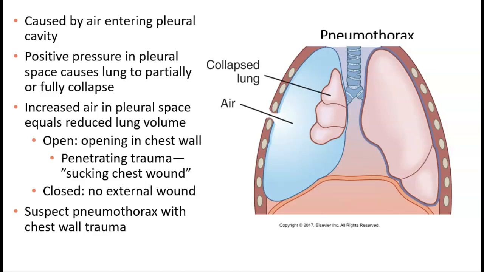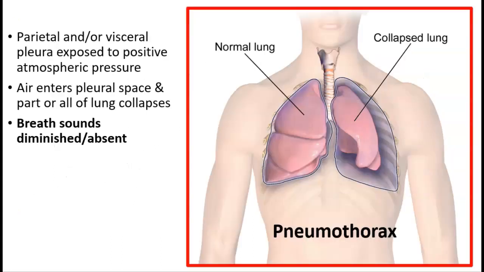That can lead to a tension pneumothorax. And for us, the hallmark sign is going to be the decreased breath sounds, right? Diminished or absent breath sounds over the place where the pneumothorax is.